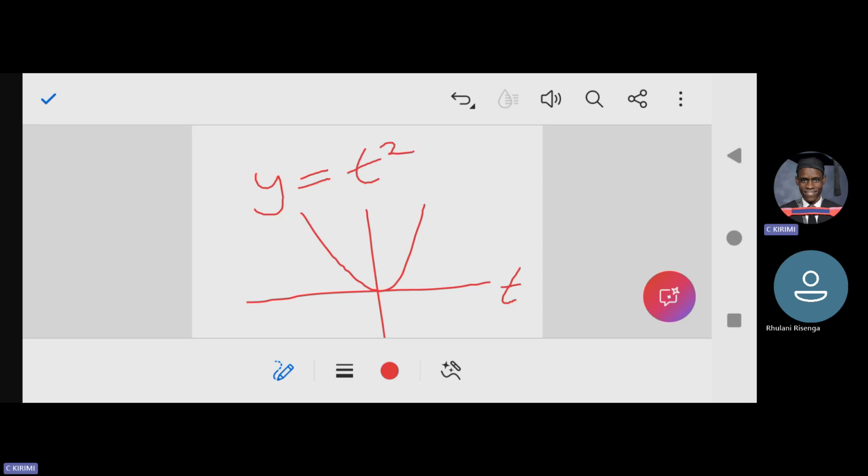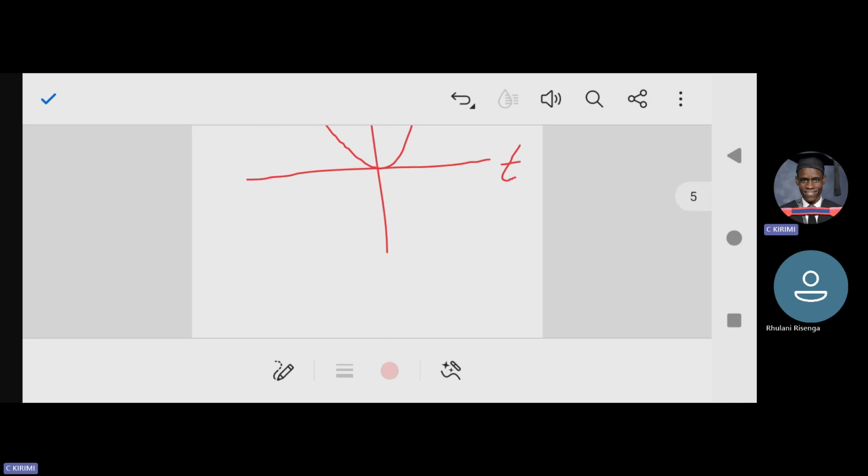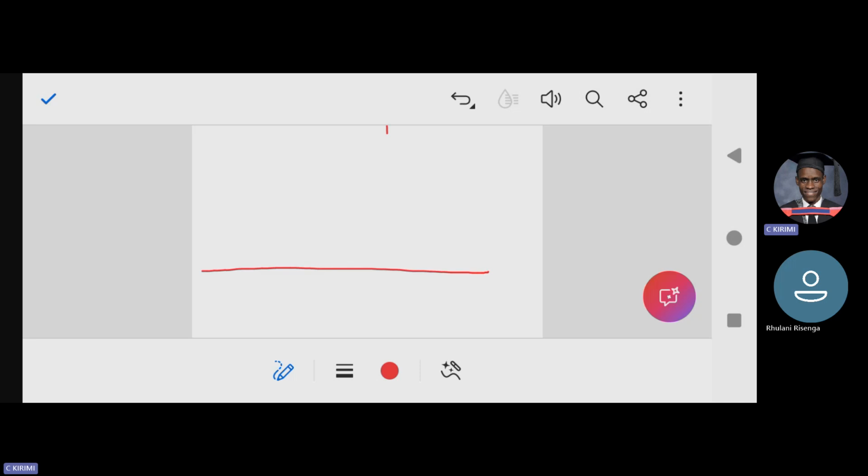Then I shift this t to the right by 1 unit, which is 1 second, so the graph cuts at 1.